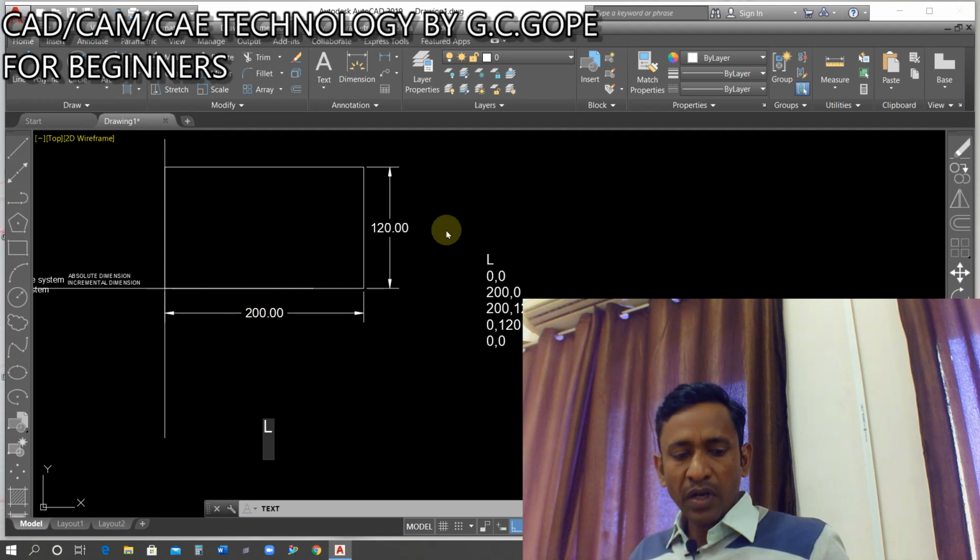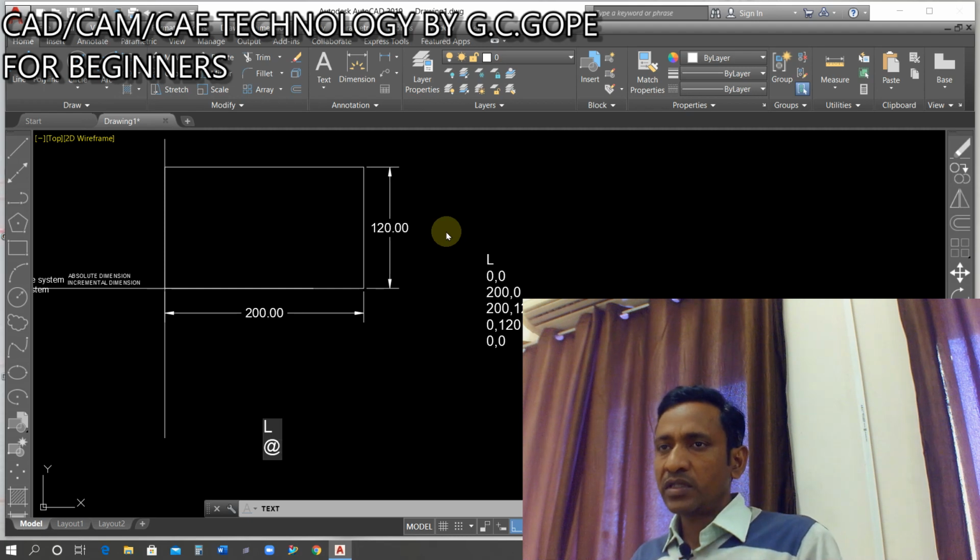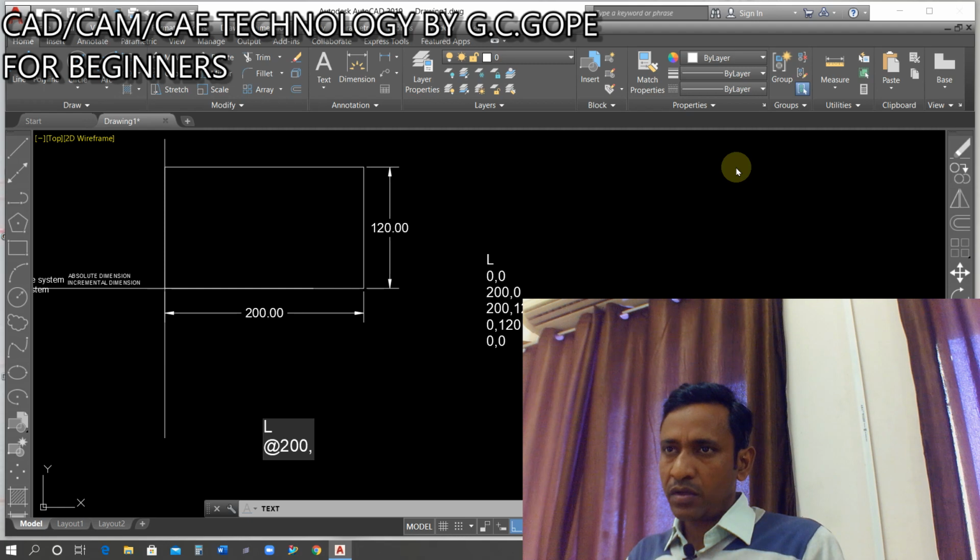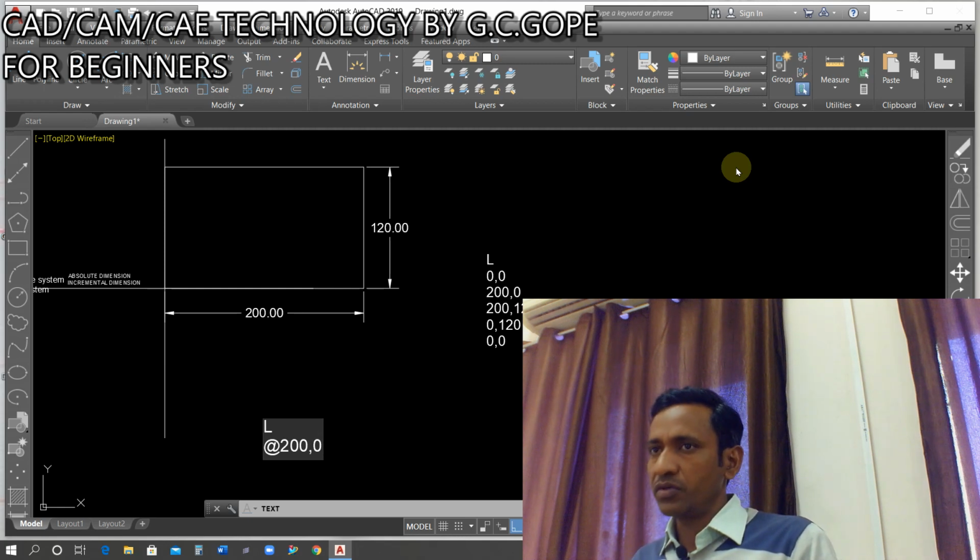First of all, we press shift plus 2, and the at-the-rate symbol comes on the screen. Now in x direction how much? 200. Now comma, y direction 0. I'm taking the dimension of this point, I have started from this point. Now press enter.